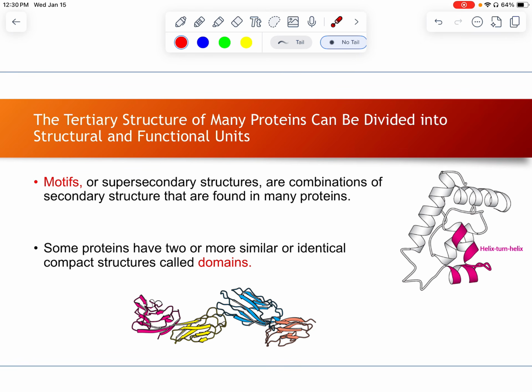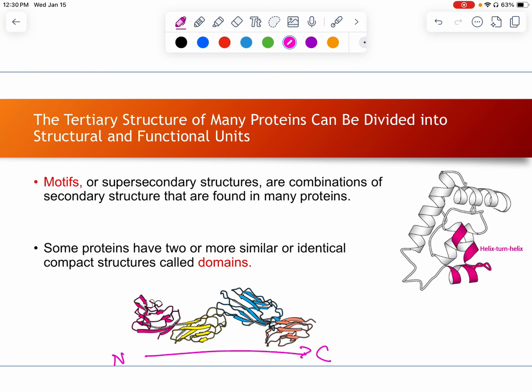Another thing is that in a single protein, one long polypeptide chain that goes from N-terminal to C-terminal, sometimes we'll have a bunch of sections that look similar.